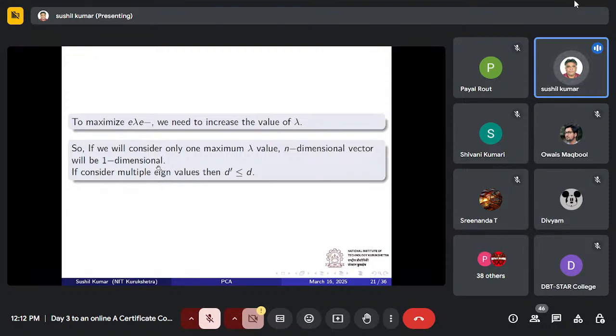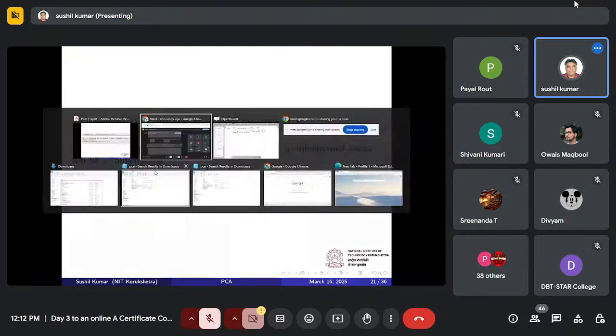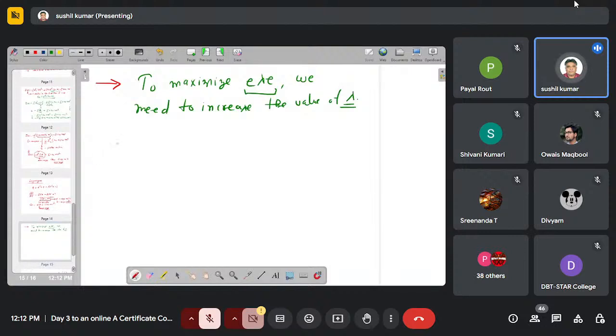If you choose one maximum value of lambda, it will be converted into one dimension.